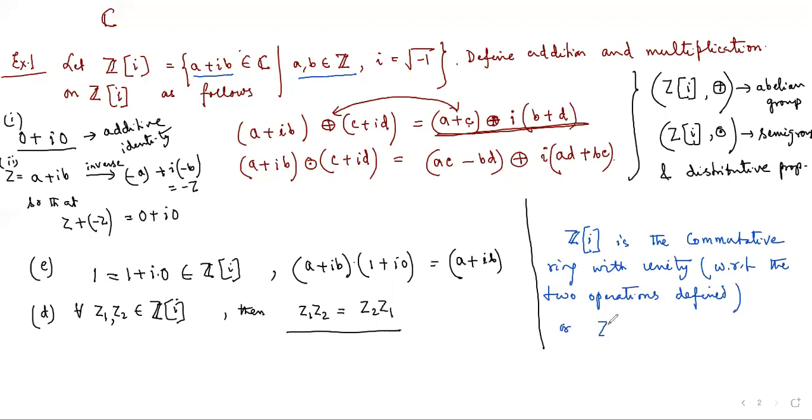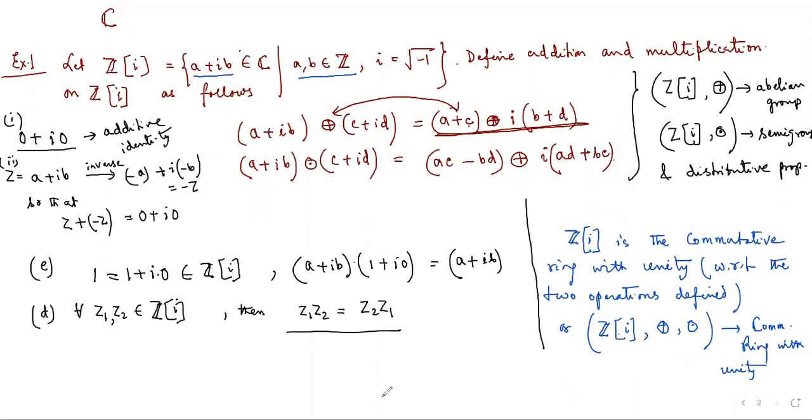Or you can write it simply, if you don't want to write all these lines: Zi, plus and dot, this triplet is a commutative ring with unity.